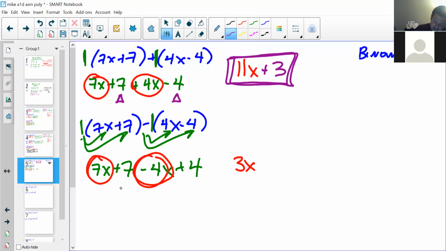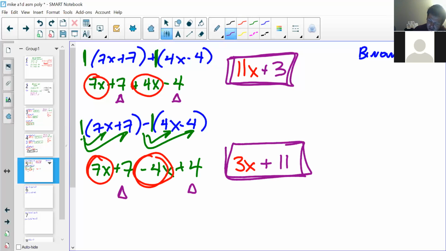And then here, instead of having the 7 minus 4 like I had in the previous example, it's 7 plus 4, because when I distributed negative 1 times negative 4, that gave me a plus 4. So that would be a positive 11. Again, no adding can happen at that point. We have 3x plus 11. That's as far as we can go with that simplification.